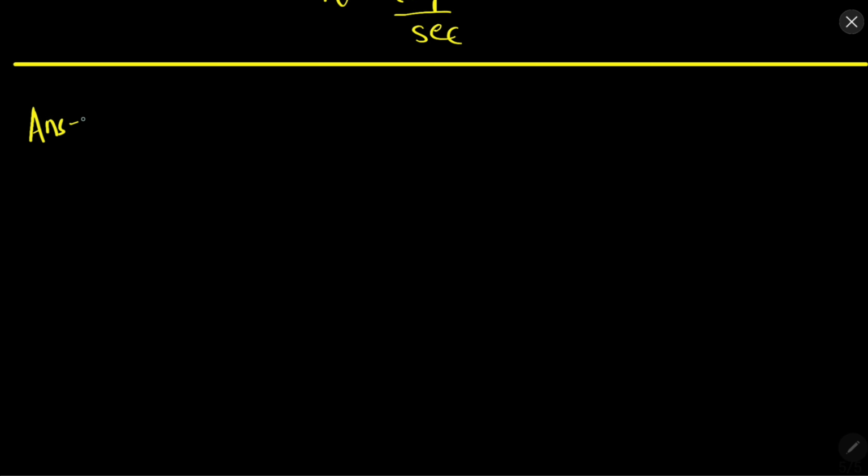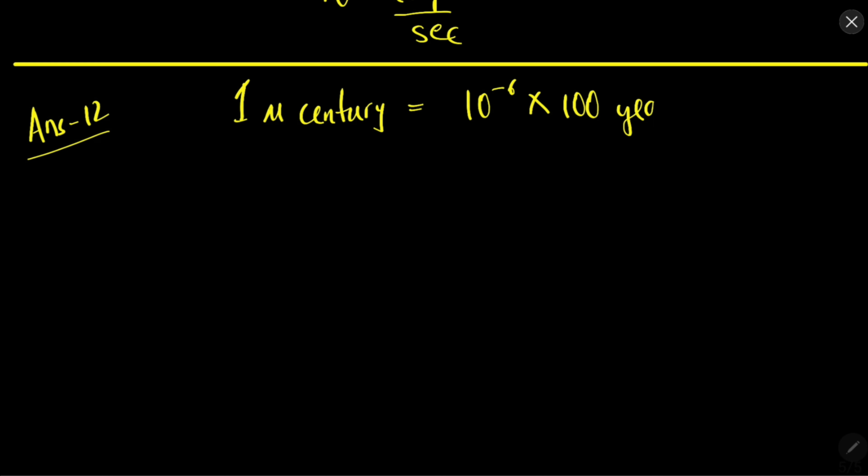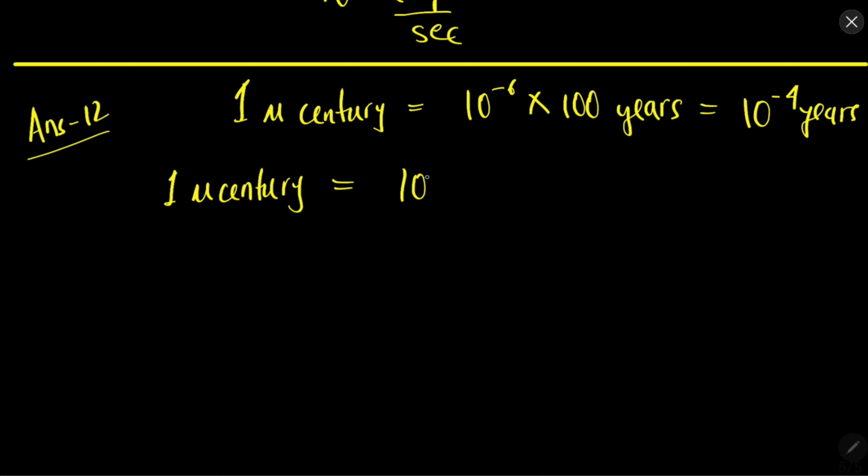So the solution for question number 12. 1 micro century is equal to 10 to the power minus 6 into 100 years. After solving this, we will get 10 to the power minus 4 years. We need to convert this into minutes, because we want to find in minutes. So 1 micro century is equal to 10 to the power minus 4 years, and 1 year is equal to 365 days, 24 hours, 60 minutes.